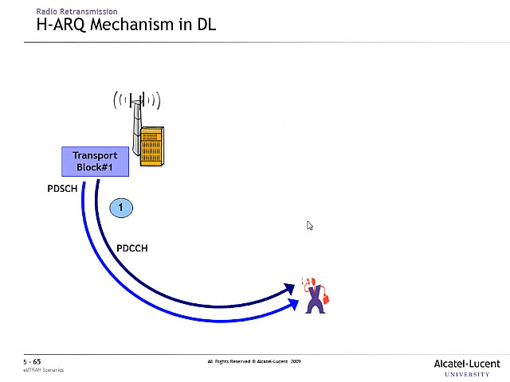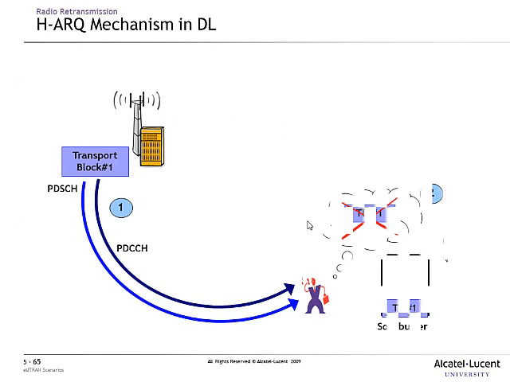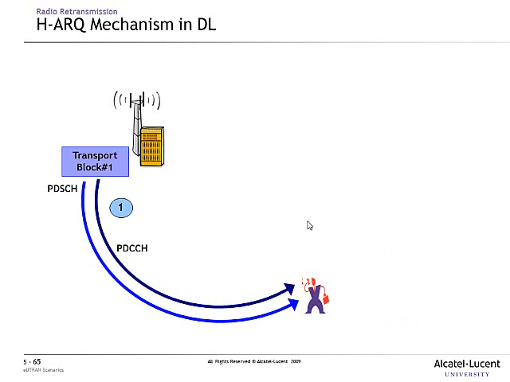Okay, a little bit more detail. You initially send the PDCCH identifying where the data is coming, then you send the data on the PDSCH. The UE puts the data in the soft buffer, and then it says this is in error. So what does it do?